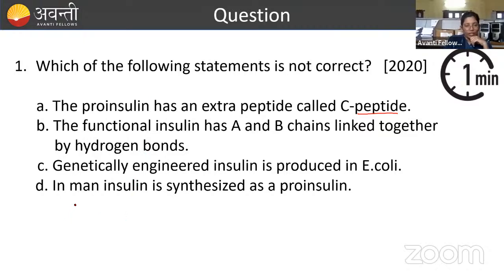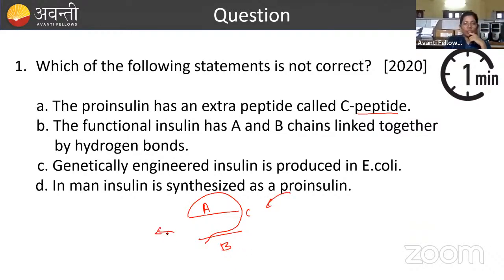See, somebody has given an option D. In a man, insulin is synthesized as a proinsulin. This is an absolutely true statement. As I said already, it is going to be synthesized as a proinsulin by producing an A chain and a B chain. Between A chain and B chain, there is a C chain. This is the proinsulin.